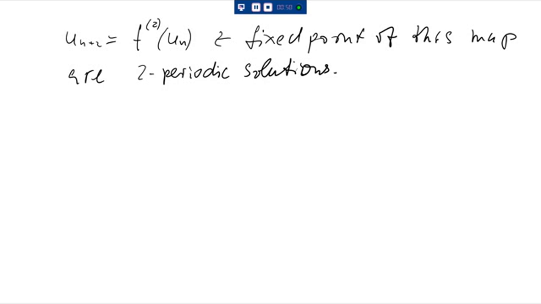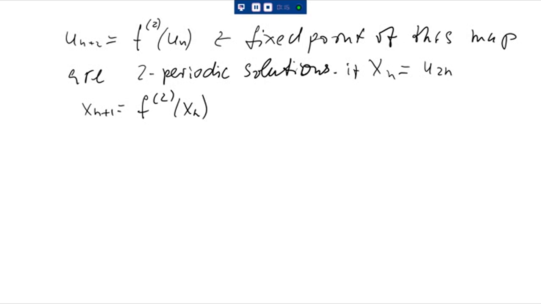So with this map, what I can do, if we say x_n equals u_{2n}, then after this substitution we have x_{n+1} = f2(x_n).